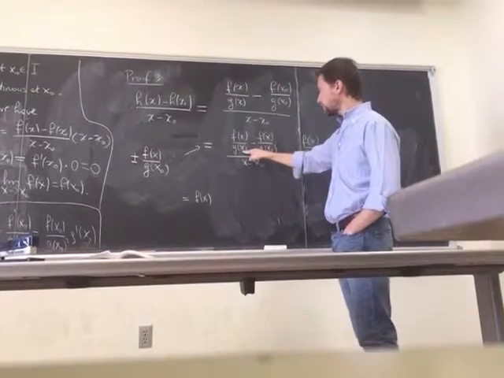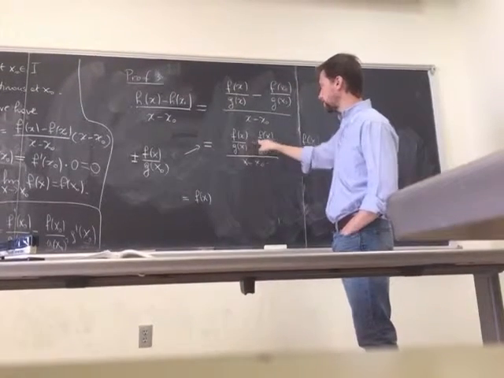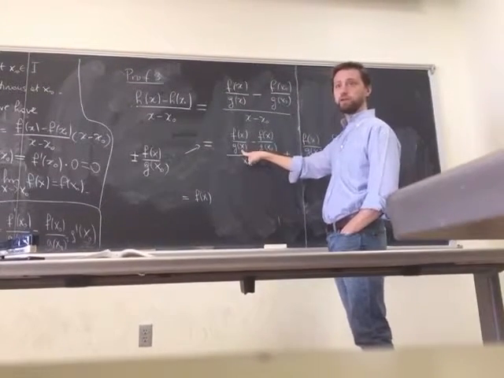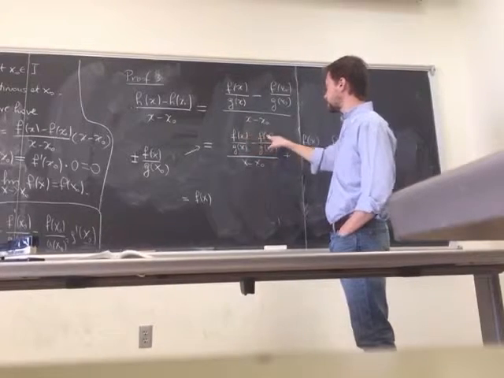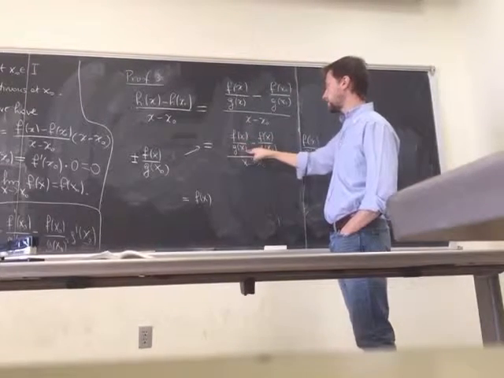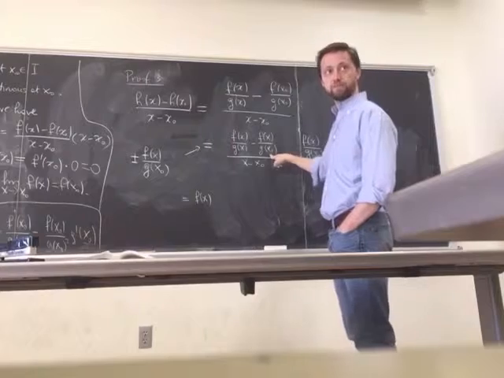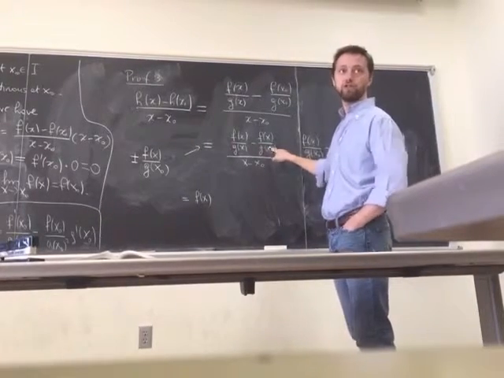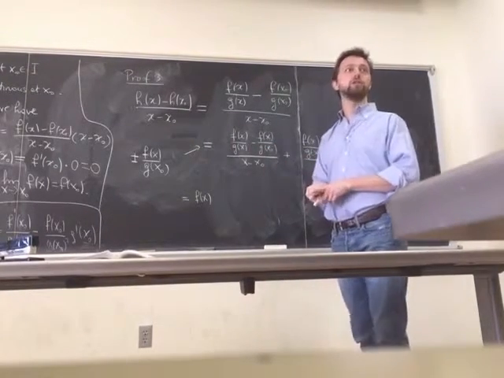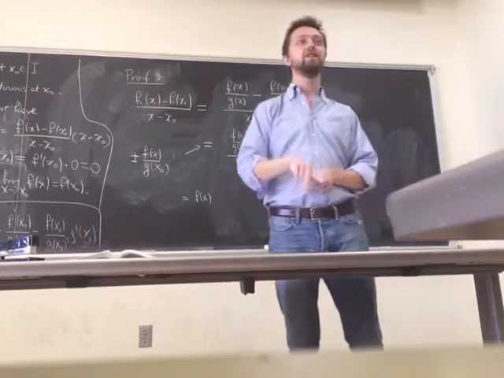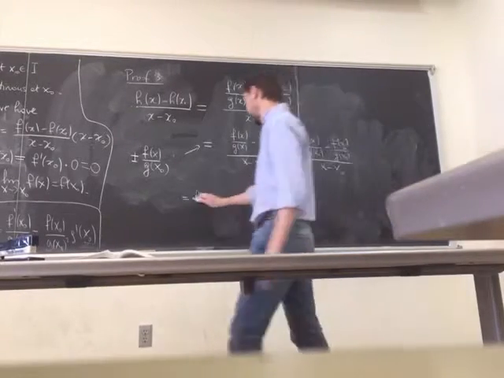If I add up the fractions, I do g of x naught minus g of x, divided by g of x times g of x naught. So I just take the common denominator.